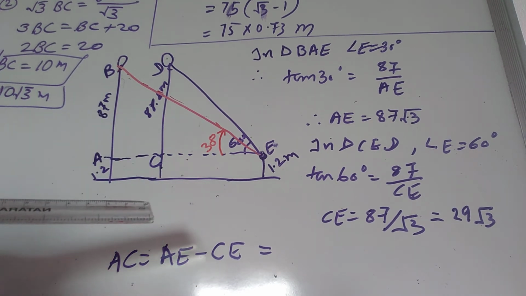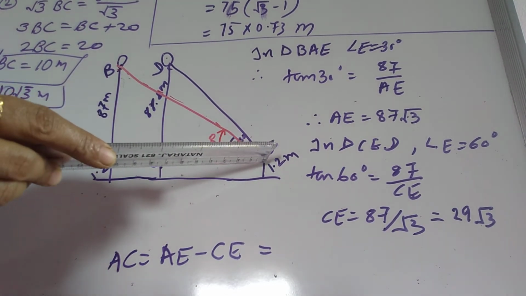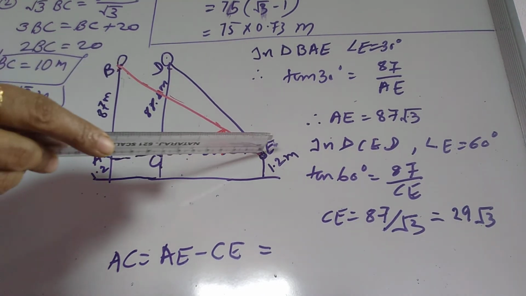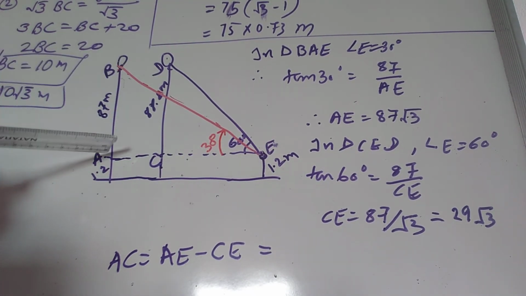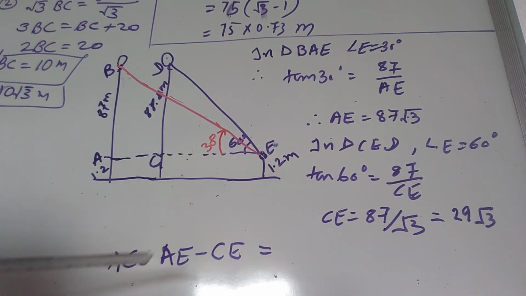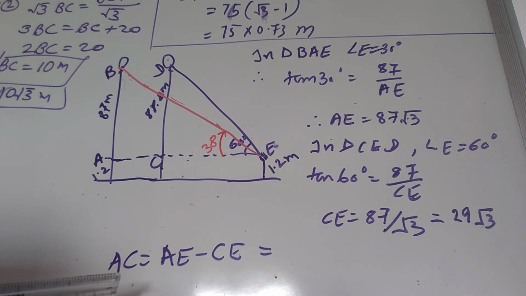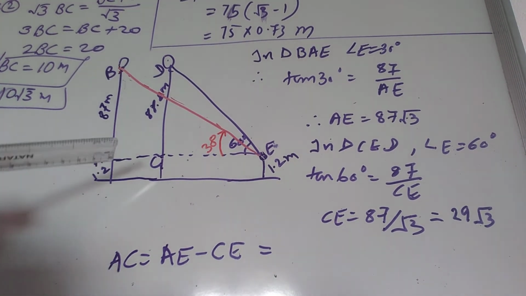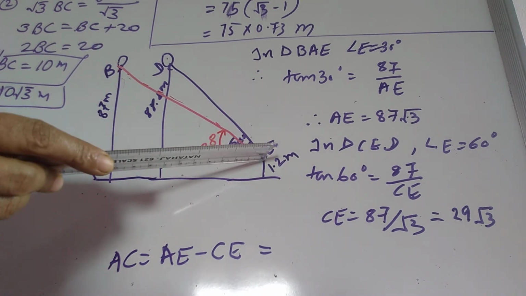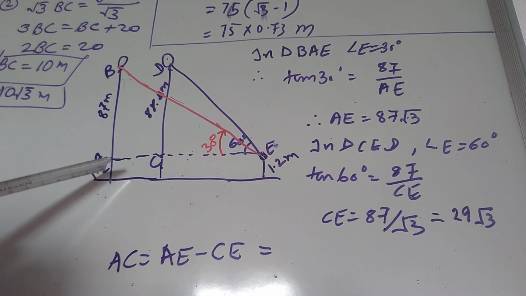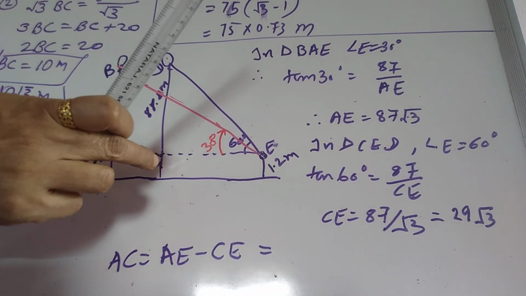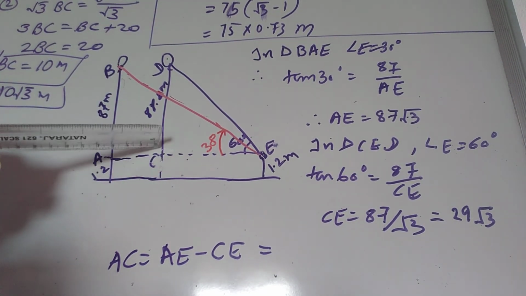And another triangle we can use is ABE. Using this triangle another time, we can find tan 30. Then we will get AE minus OE, sorry, this point I have written as AC, and that is nothing but AC, and AC is what is asked here.